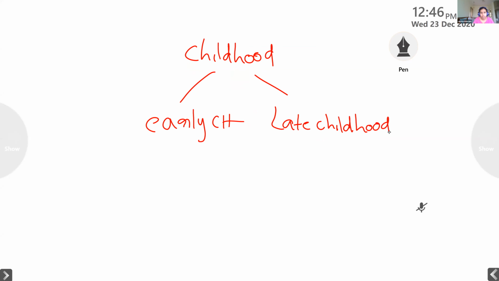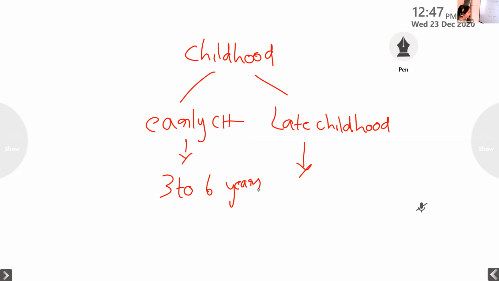So the early childhood is a stage from, guess, Meghna? Early childhood is from 3 to 6 years. Okay, 3 to 6 years, early childhood.